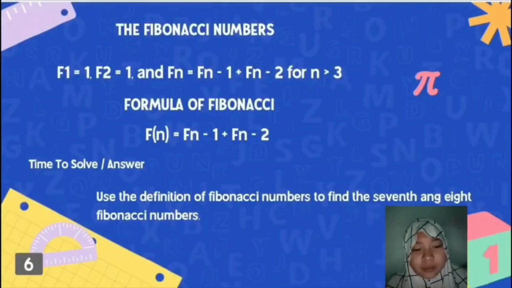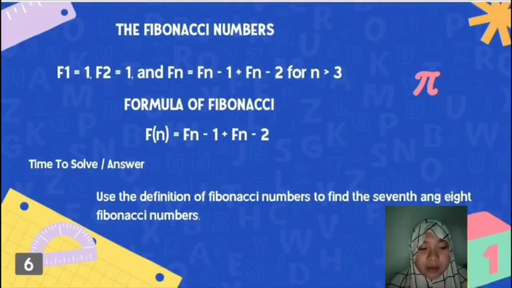We have here the Fibonacci numbers. We have F1 equals 1. We have F2 equals 1. And Fn equals Fn minus 1 plus Fn minus 2 for n greater than or equal to 3.